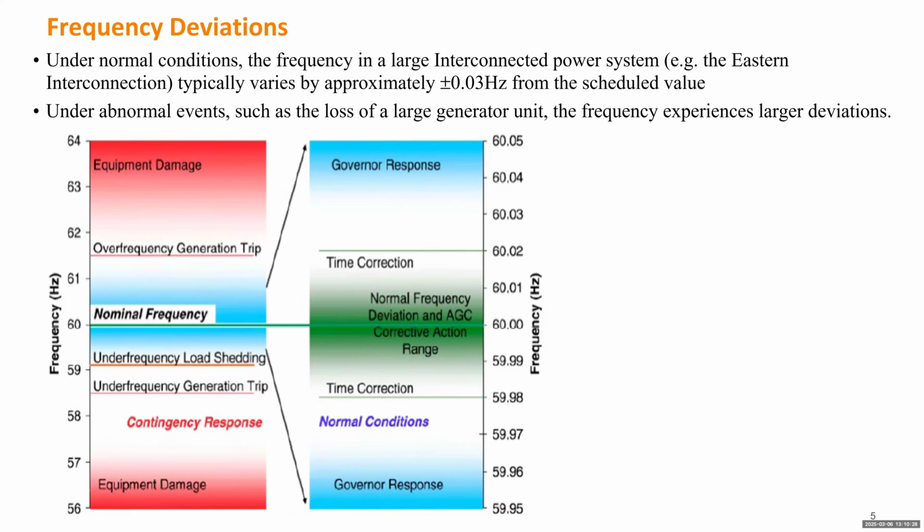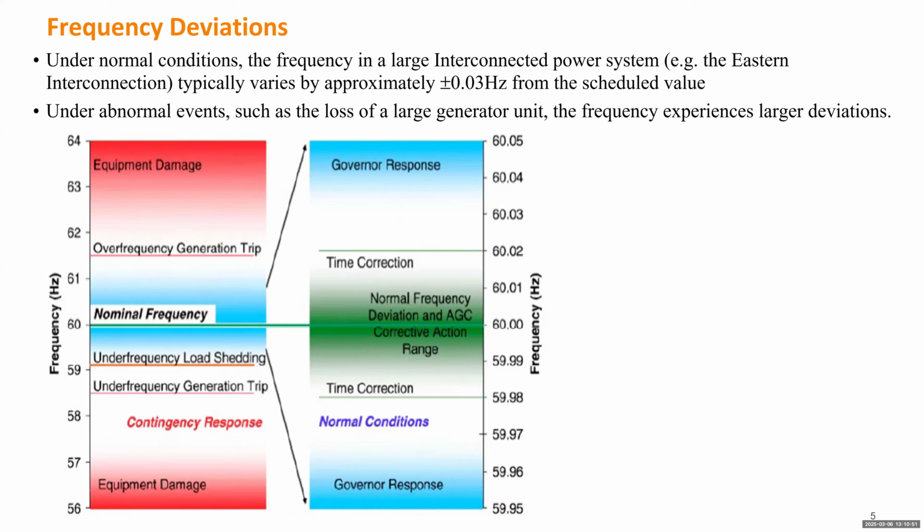But you can extend it a little bit to the blue region. The blue region is maybe starting from 59.5 to 60.5, so basically half a hertz variation from the center 60 hertz. That is considered somehow like a nominal frequency.